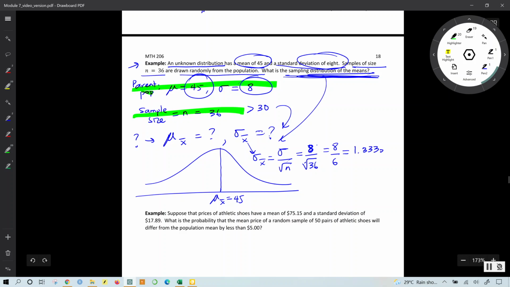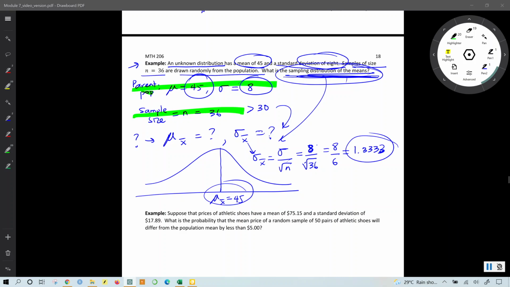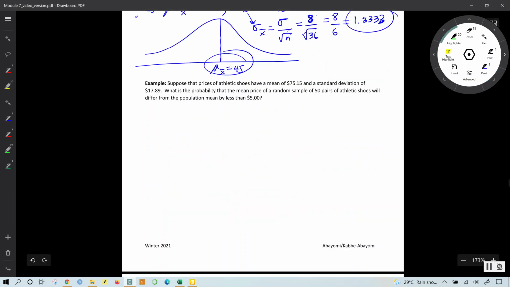So, with that said, I have the sampling distribution of the means. It is a normal distribution with a mean of 45 and a standard error of 1.33333. So we'll proceed to the next example.